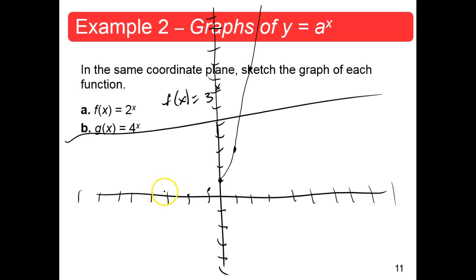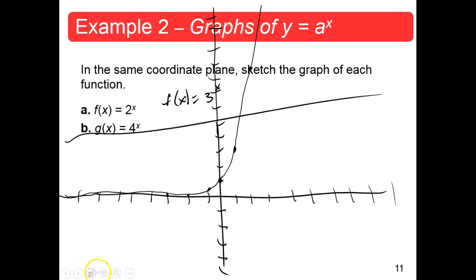Excellent. And negative 3, 1/27. That's close enough to 0 that I'm not going to mess with it. These are hugging the x axis. There's our base function, 3 to the x.